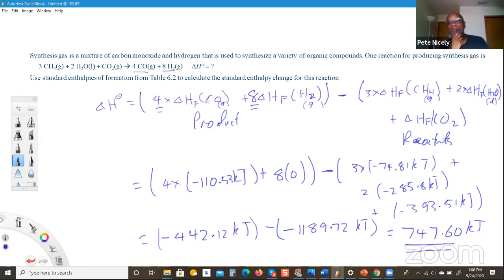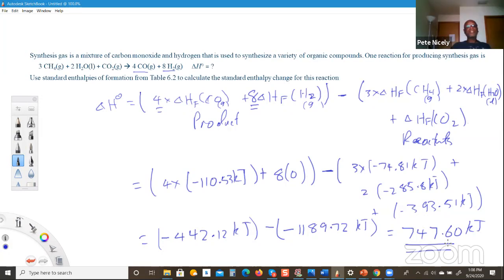Okay, any questions about this particular example? The resulting enthalpy is positive, so that means that this is an endothermic reaction. Exactly, right. So it's endothermic.